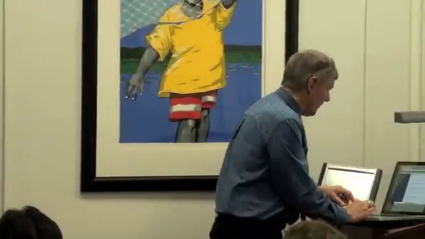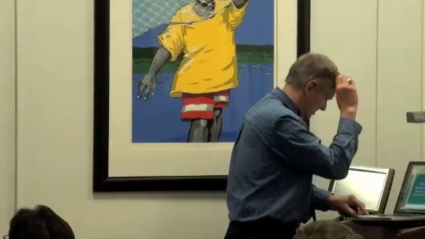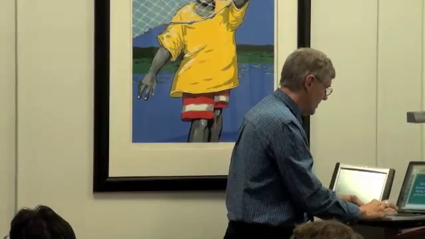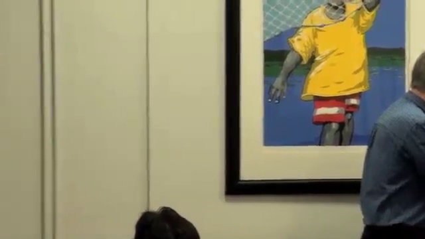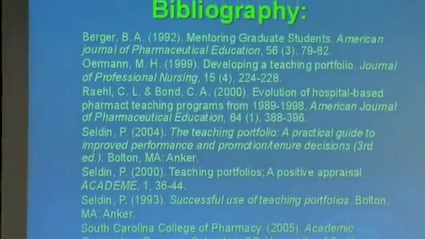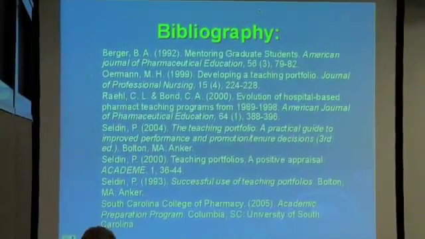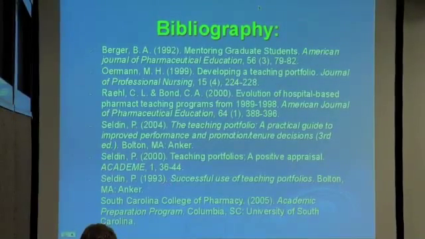And if I could get this down, let's see where we are here. Okay. So you know how to get there because you have it on your sheets. This is a bibliography that you may want to do. And I think the most important book is right here, in my estimation. So if you want to circle that. Peter Selden, Successful Use of Teaching Portfolios.